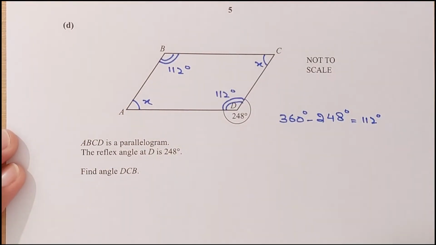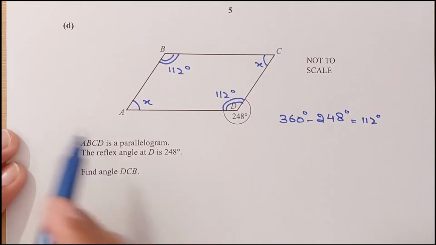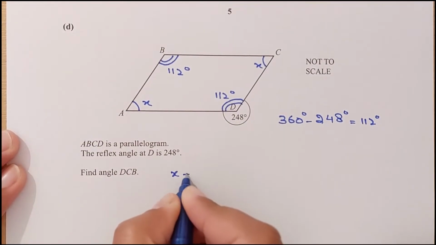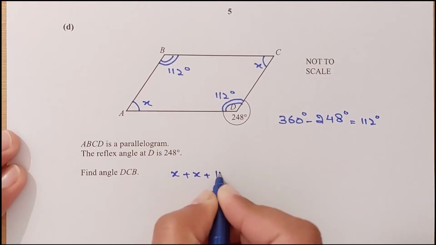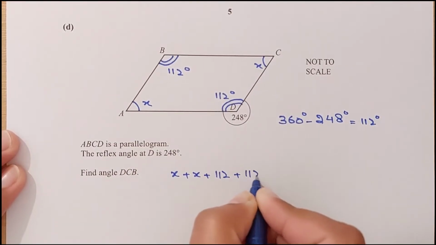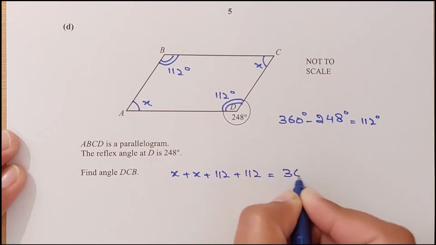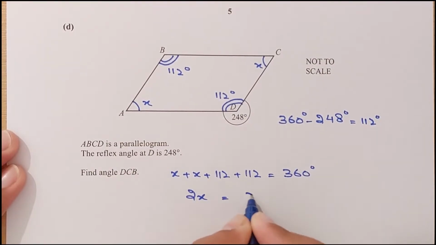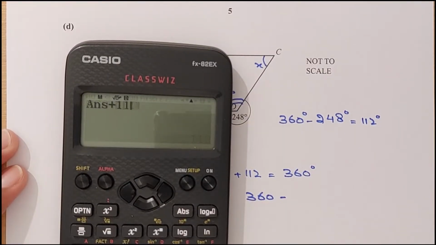Right. And the sum of all angles of a quadrilateral adds up to 360, right? So you can say x plus 112 plus 112 plus x equals 360, right? So we have 2x equals 360 minus 112 plus 112, which is 224.